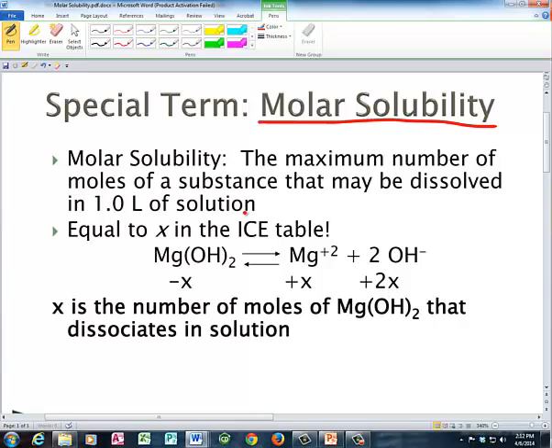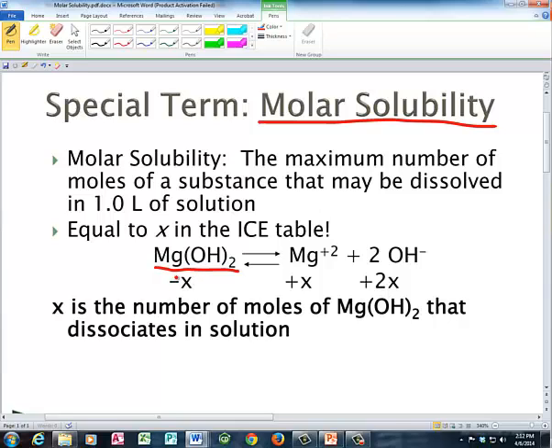So we can describe molar solubility mathematically by looking at the equilibrium concentrations from an ICE table. Here we have magnesium hydroxide, a weak base. It's the active ingredient in milk of magnesia that you drink when you've got an acid stomach. It's a very weak base, so it's just like a sparingly soluble salt.